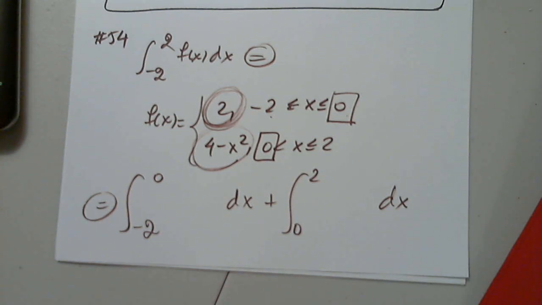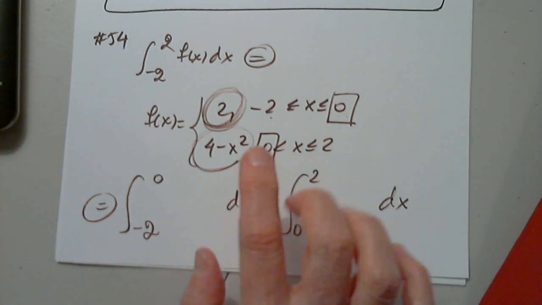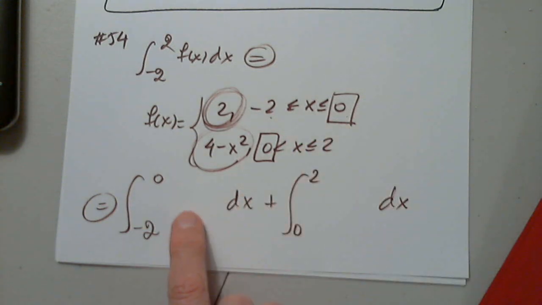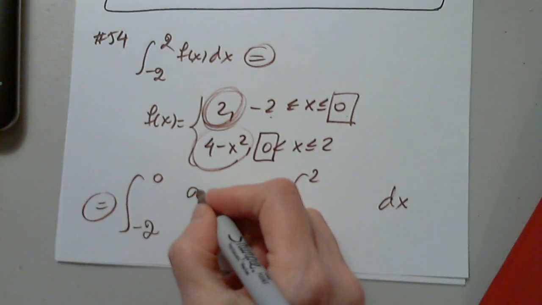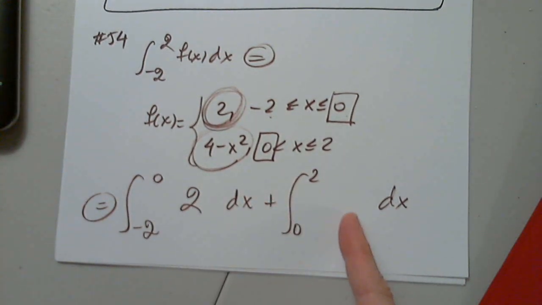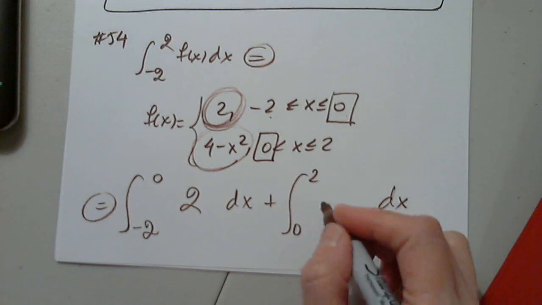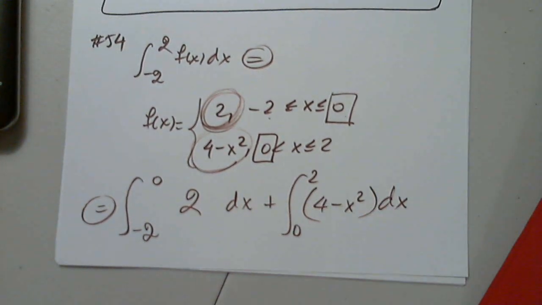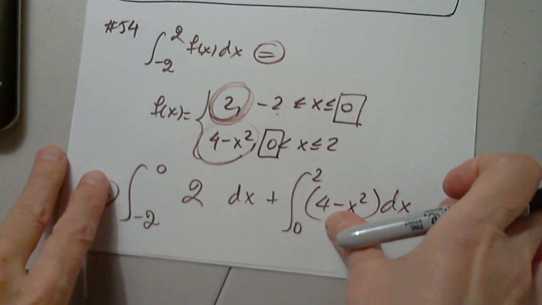Yes, Aaron? Between -2 and 0, which function do I put here? Oh, 2. Right? And between 0 and 2, which function do I put here? 4 minus x squared. I know it's silly, but I just wanted somebody to say it. That's it. That's all I need to do.